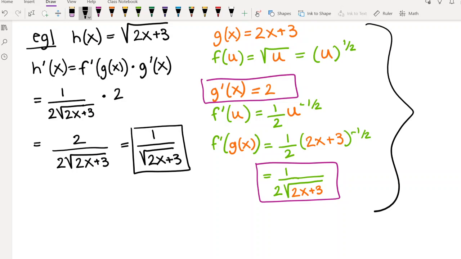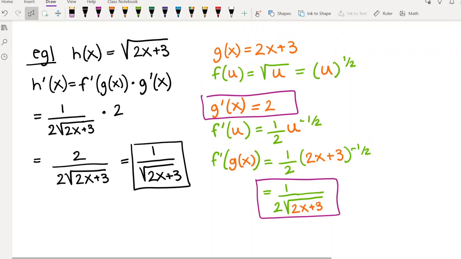But let me quickly mention how I would think about the derivative. I would look at this function and say, okay, our inside function is 2x plus 3, and our outside function is square root of x. The first thing I do is the outer derivative.